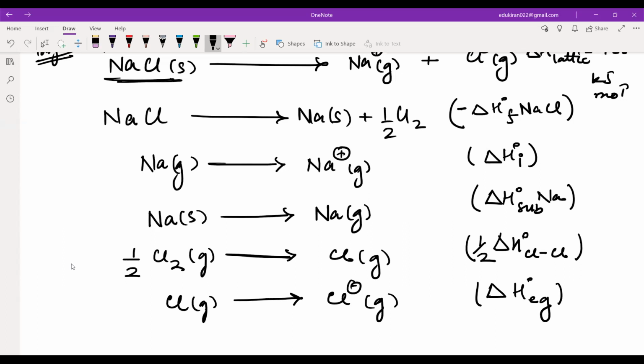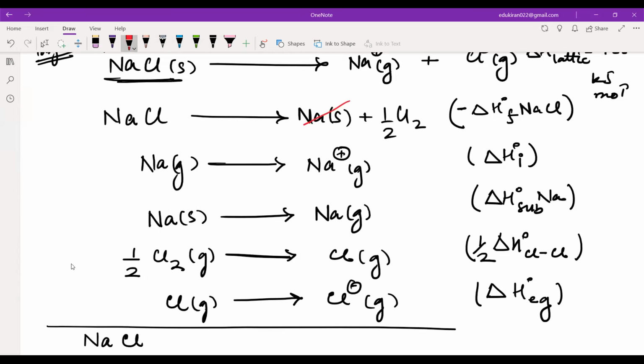So what we have done till here: if I add this complete reaction, then what am I getting? NaCl is there, so I will write NaCl. Then there is sodium solid, so I can cancel this sodium solid by this sodium solid. I have this half Cl2, so I can cancel this half Cl2 by this half Cl2, correct?